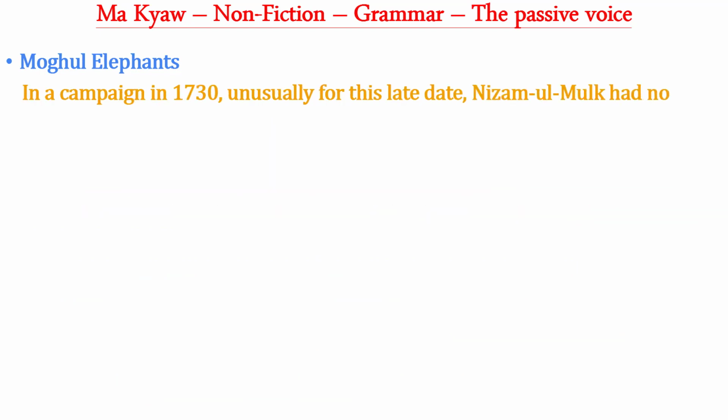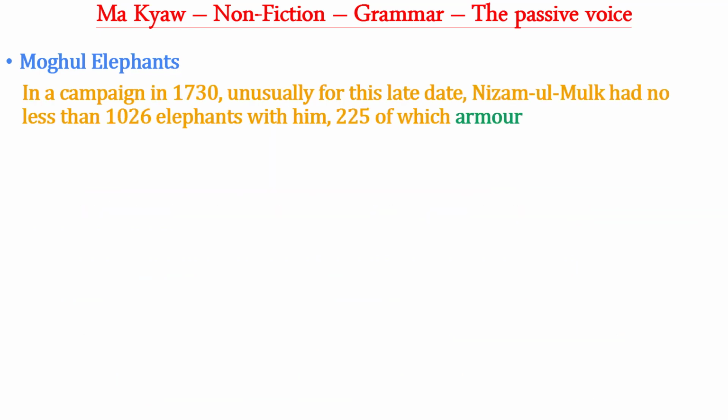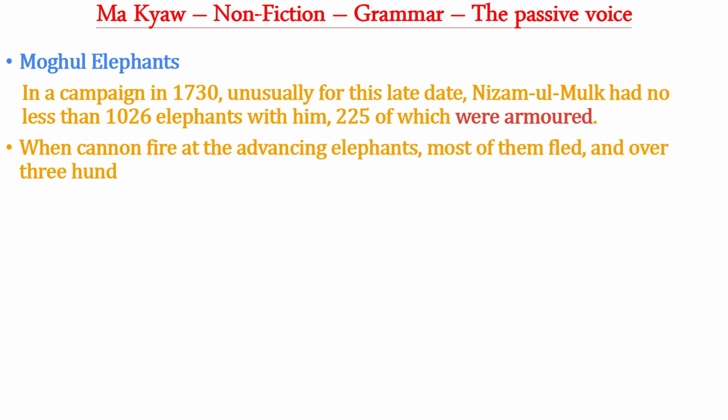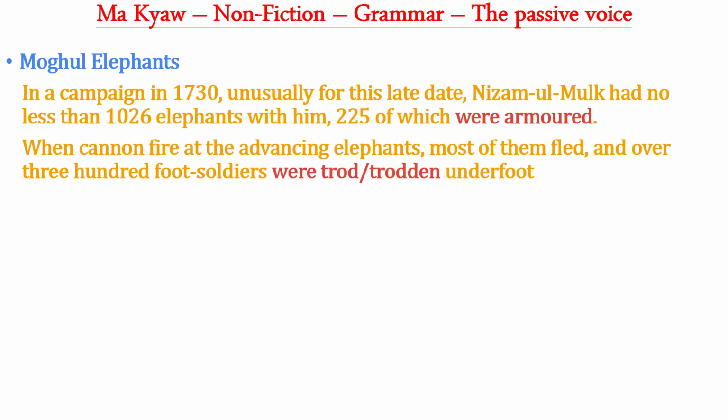In a campaign in 1730, unusually for this late date, Nizamul Mulk had no less than 1026 elephants with him, 225 of which were armored. So the word armor will be replaced by were armored. When cannon fired at the advancing elephants, most of them fled and over 300 foot soldiers were trodden underfoot. So the word tread will be replaced by were trod or were trodden.